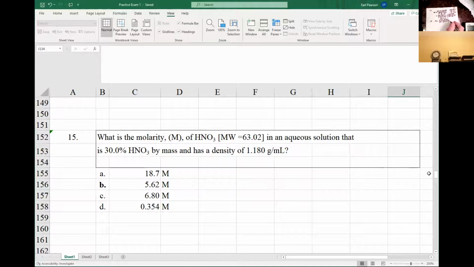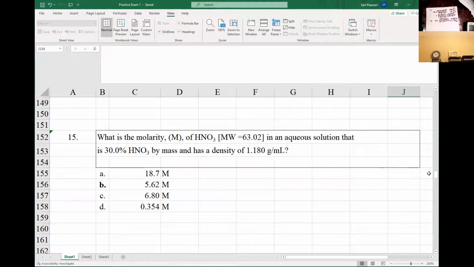Okay, now let's see what we're given. The solution is 30.0% HNO3, and it has a density of 1.180 grams per milliliter.